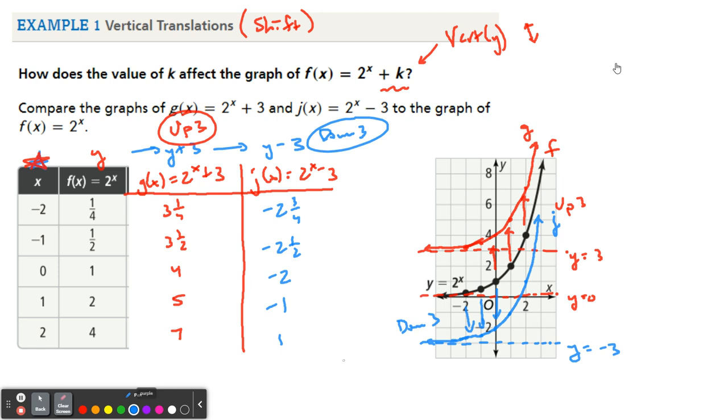As a summary answer, compared to f of x equals 2 to the x, if f of x equals 2 to the x plus k, then with that plus k the graph is shifted or translated vertically.